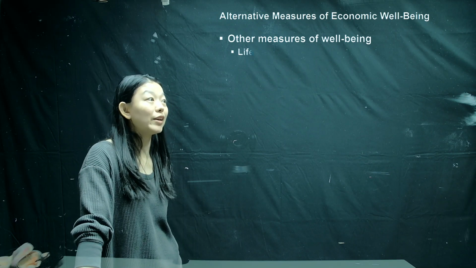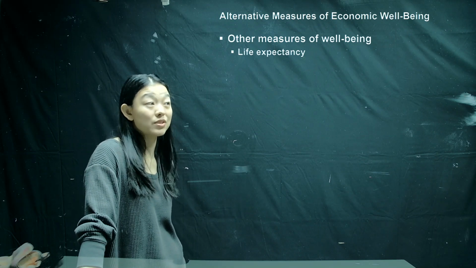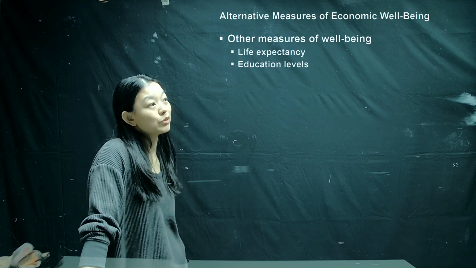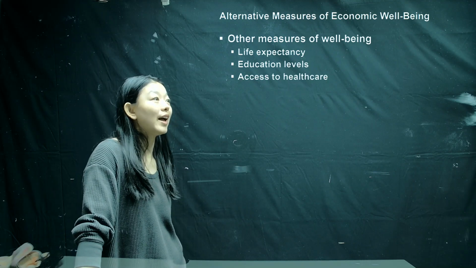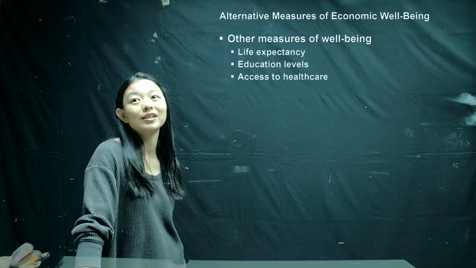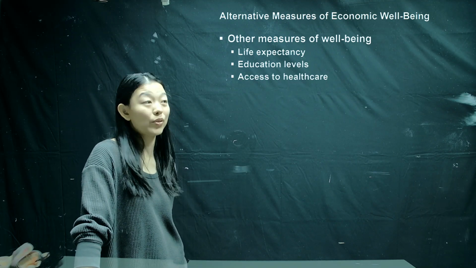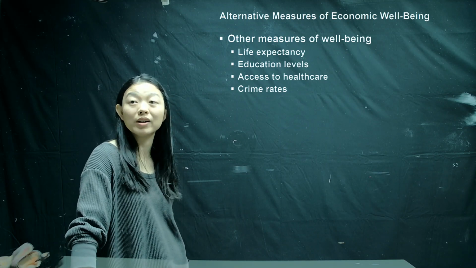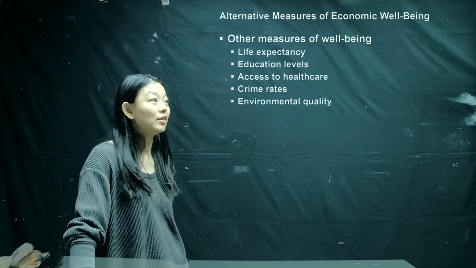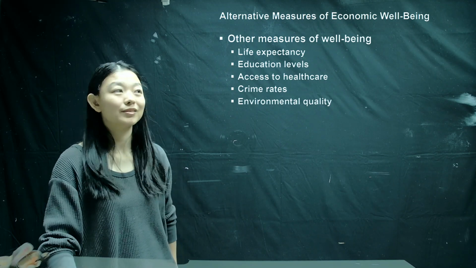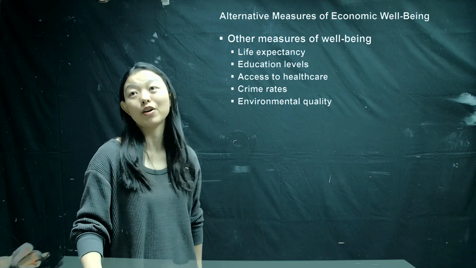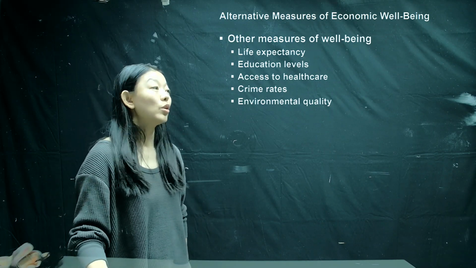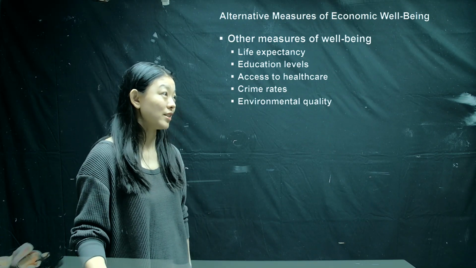Other measurements might include life expectancy, education levels, how easy it is to access healthcare, how high or low the crime rates are, and how good the environmental quality is.